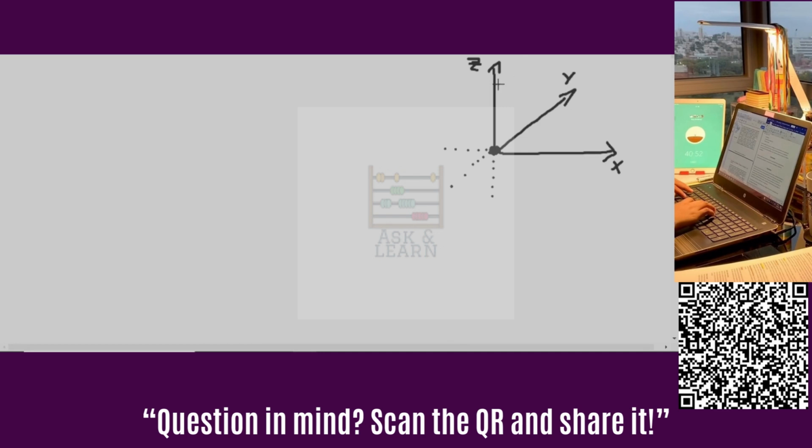And we have three fields. We have one electric field, E, and that's in the positive x direction. We have a magnetic field also in the positive x direction.